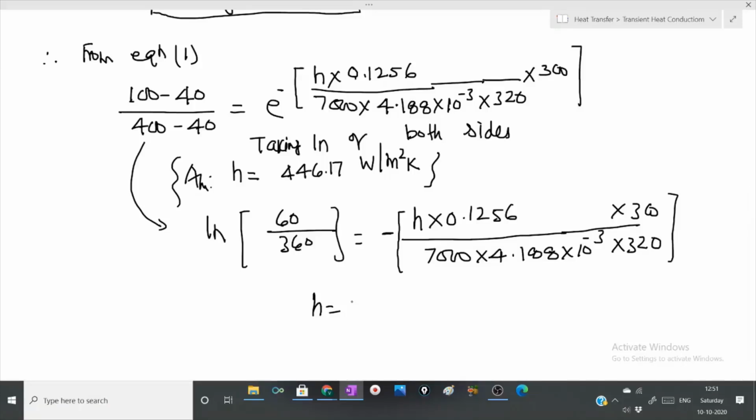You people also calculate, I am also calculating. Taking log of 60 over 360 will be minus 1.791.